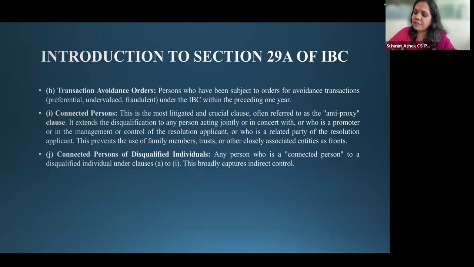So this prevents the use of family members, trusts, or any closely associated entities or persons who can submit the resolution plan. Here I would like to share one or two experiences. In a few cases, we get the expression of interest through a consortium.